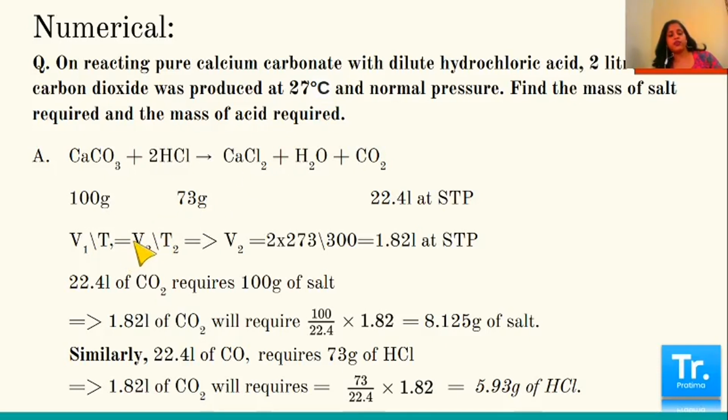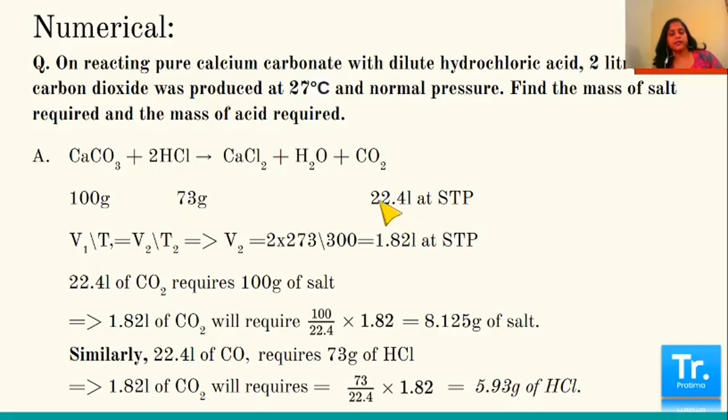V2 we have to find out, and T2, we all know STP is 273 Kelvin. So V2 is 2 into 273 by 300. When I have calculated this, it is 1.82. Please do this multiplication and division in the rough column correctly and then write the value.